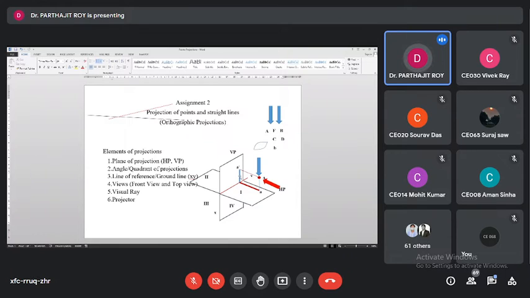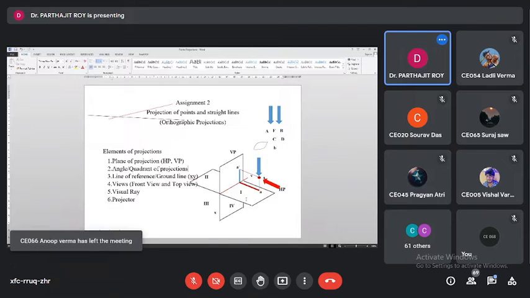So this line, blue color line, it is on the vertical plane. Red color line, it will be on the horizontal plane, isn't it? Yes, sir. And both of them are perpendicular to XY line. Correct? So the angle between these two lines will be also perpendicular. They will also be mutually perpendicular to each other. Isn't it? So they are known as projector.